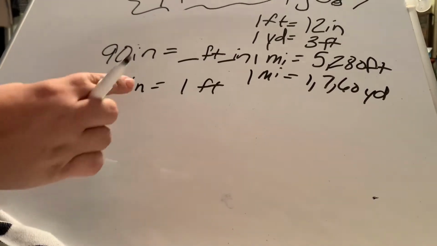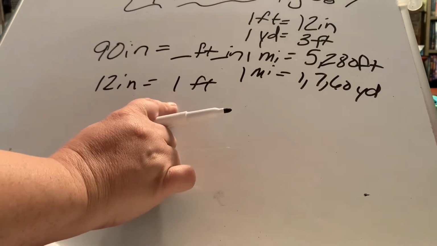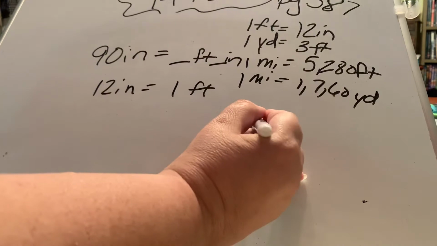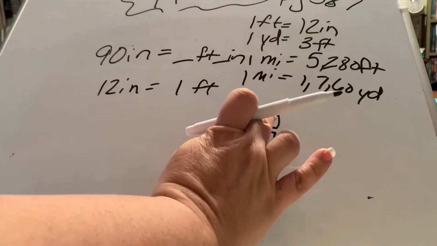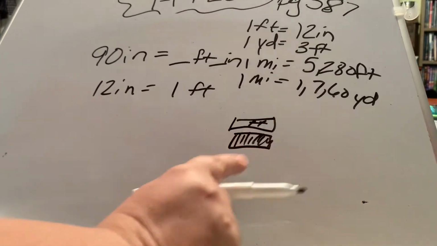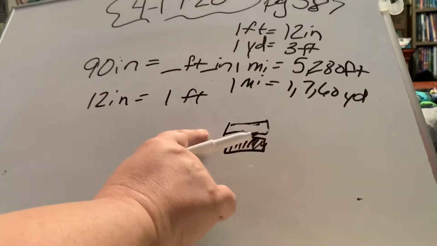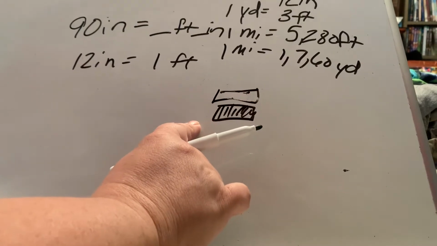You're going from the smaller unit to the larger unit. And don't forget, feet, inches. A lot more inches than there are in 1 foot, right? So what are we going to do? We're going to divide.